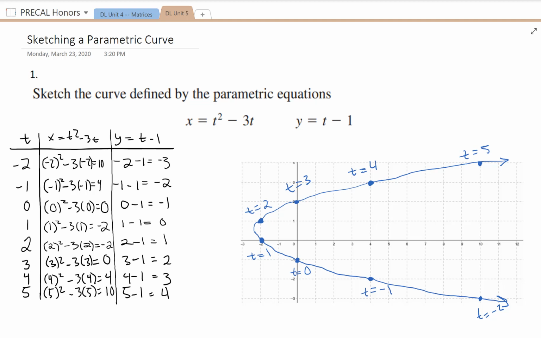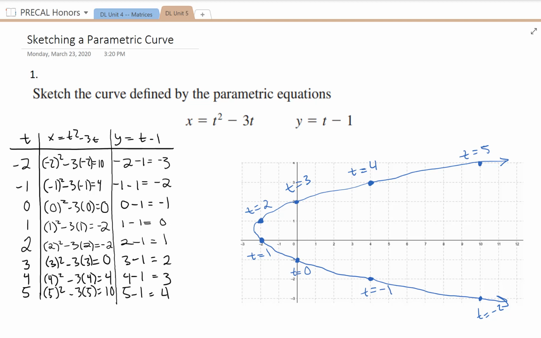So how are parametric equations different from the rectangular equation that this represents? Because it could just be represented by a regular sideways parabola equation. How does it differ to have parametric equations? Well, a rectangular equation gives you a set of xy points that satisfies the curve.